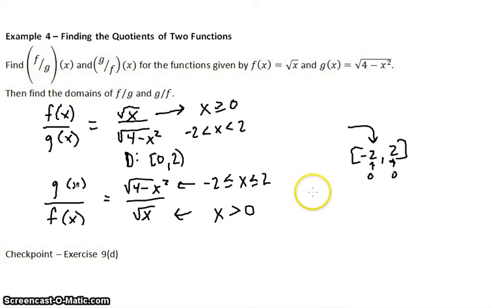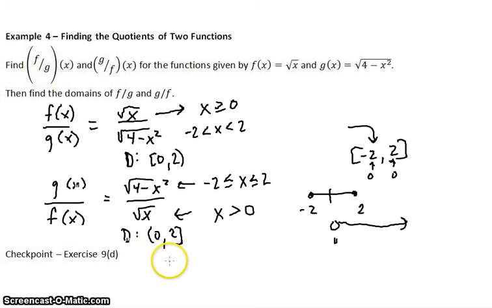So looking at this from a graphing standpoint, I have from -2 to +2, and I have from 0 all the way over to +infinity, and it keeps going on without stopping. So we have to ask ourselves, well, what numbers can we use here? Well, we can't use 0, but I can use everything to the right of 0 all the way to 2. So the domain for this is not including 0 all the way to 2.